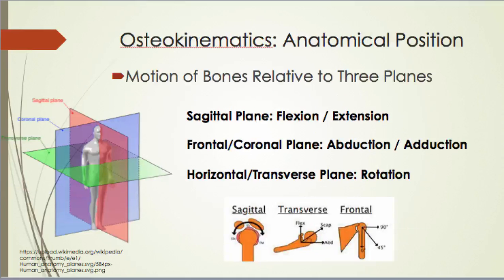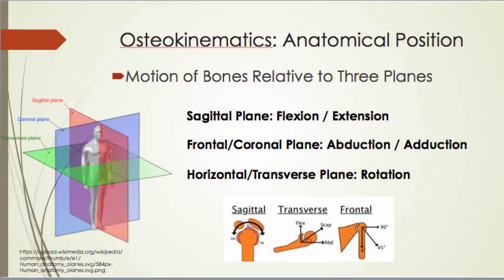One of the key definitions we'll talk about in kinesiology is osteokinematics, which is the motion of bones relative to three planes: sagittal plane, frontal plane, and horizontal or transverse plane. We see that on our picture here at the bottom, where we're looking at the shoulder from the lateral side. Okay, here we get flexion extension in the sagittal plane.